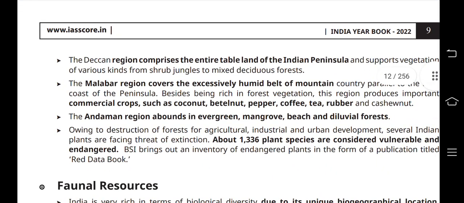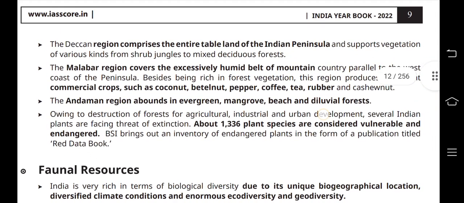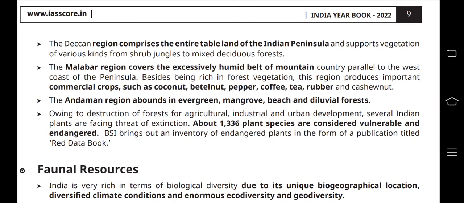The Deccan region comprises the entire tableland of the Indian peninsula and supports vegetation of various kinds, from shrub jungles to mixed deciduous forest. The Malabar region covers the excessively humid belt of mountain country parallel to the west coast of the peninsula.